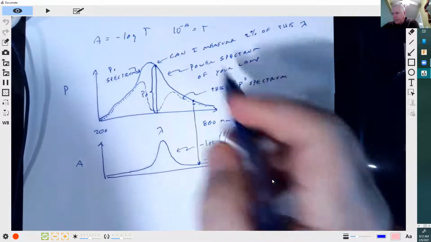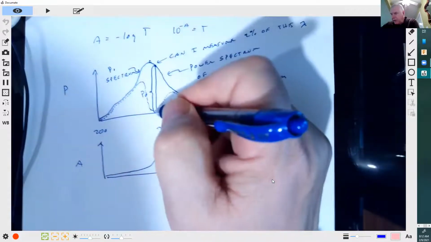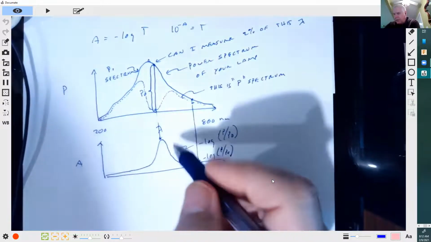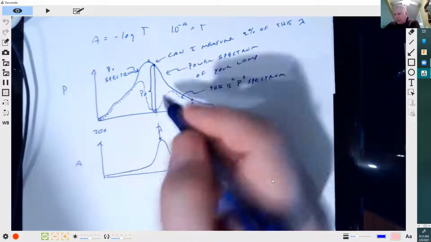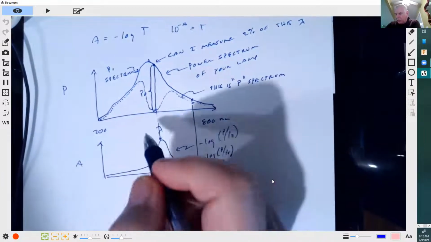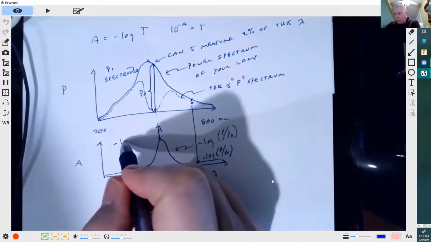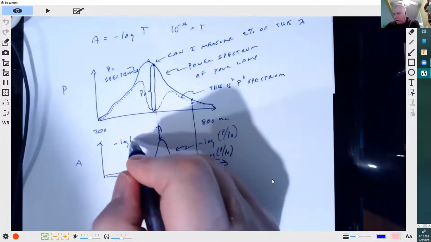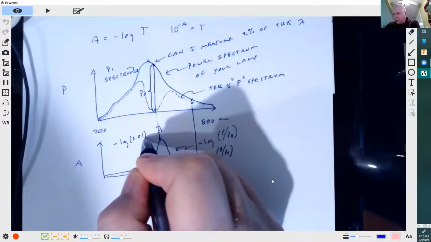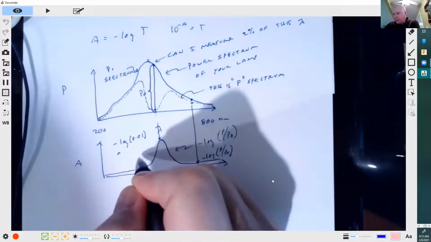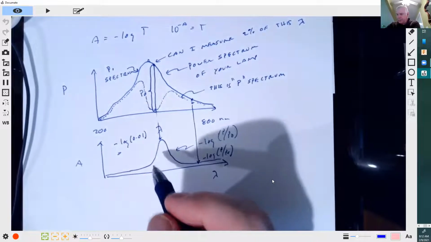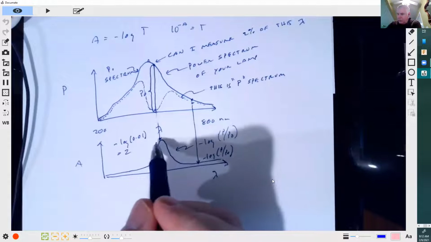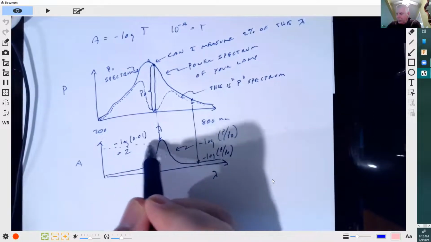Then at this wavelength here, P is much smaller than P0. Let's say it's 0.01. And this is going to equal 2, right? So this would maximum out here at about 2, right?